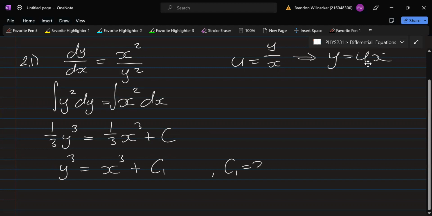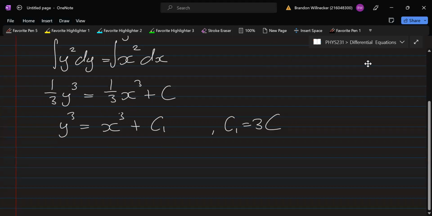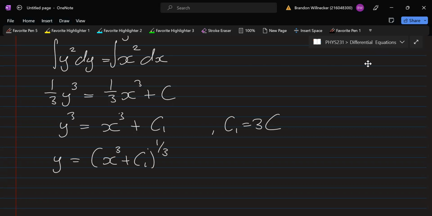So c1 is 3 times c, but again, that's just a constant. Now we can take the cube roots on both sides. So we get y is equal to x cubed plus c1 to the 1/3. And c1 will depend on some initial condition provided.